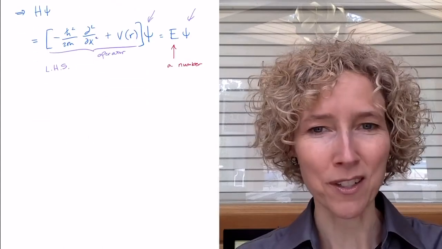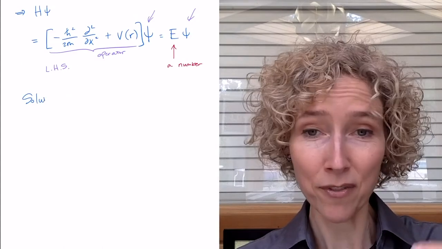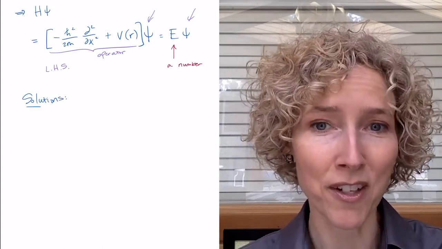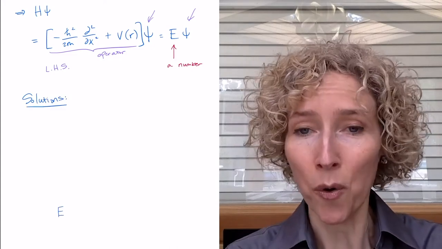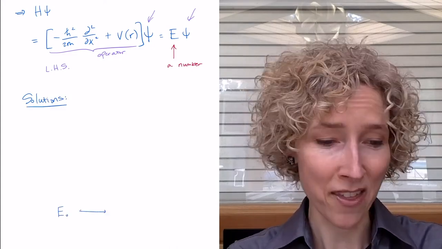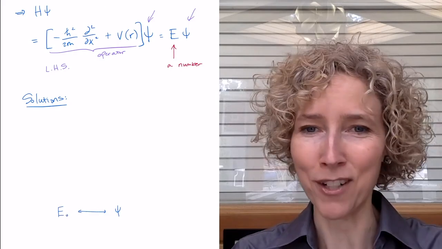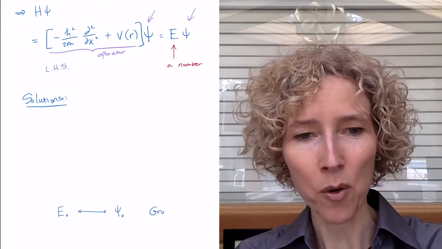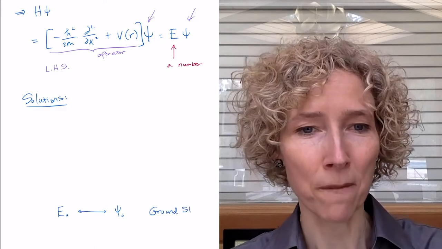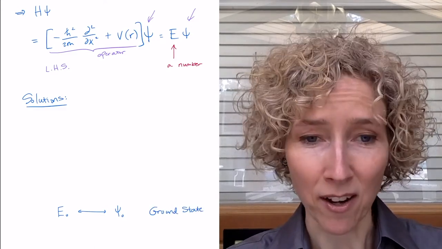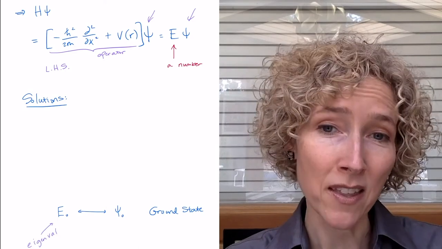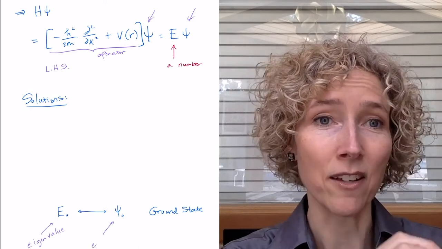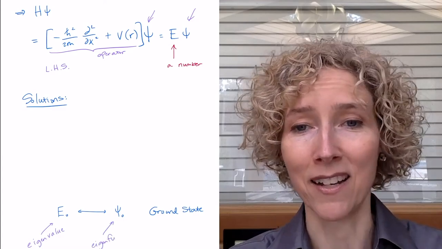The solutions come in an infinite set. For the hydrogen atom, for example, there's an infinite set of solutions, and they're organized in the following way. We'll say that there's some ground state whose energy is E naught, and that corresponds to a particular wave function, psi naught. That's the ground state, the lowest energy state, and we would say that E naught is the eigenvalue and psi naught is the eigenfunction.